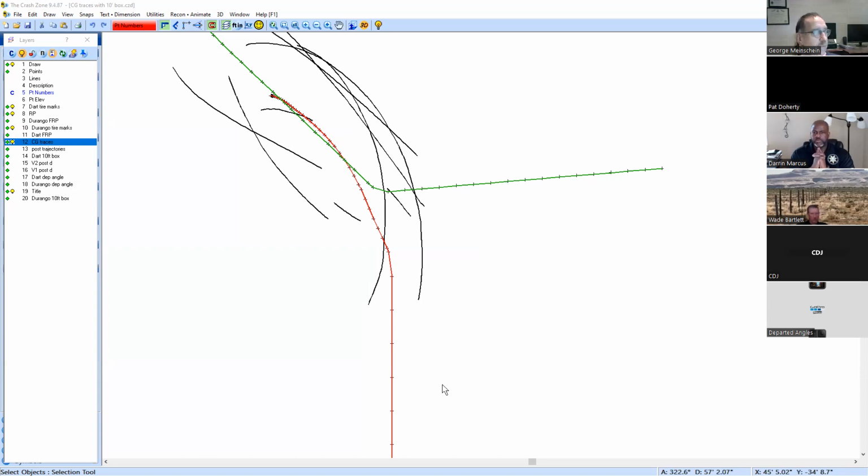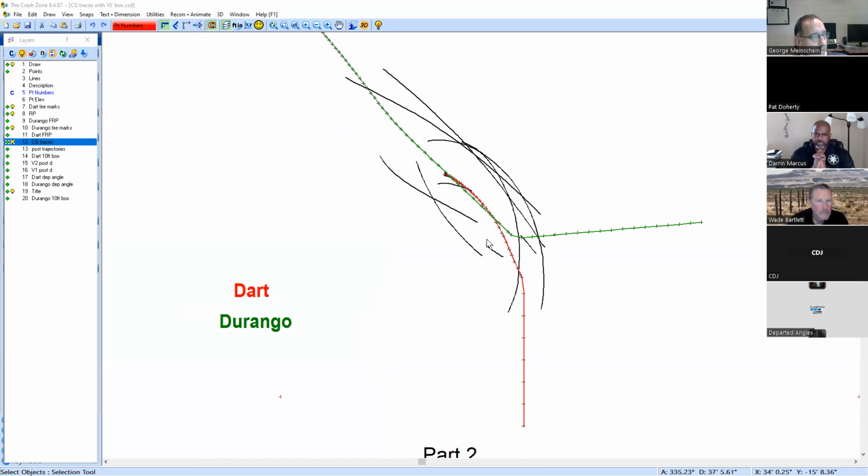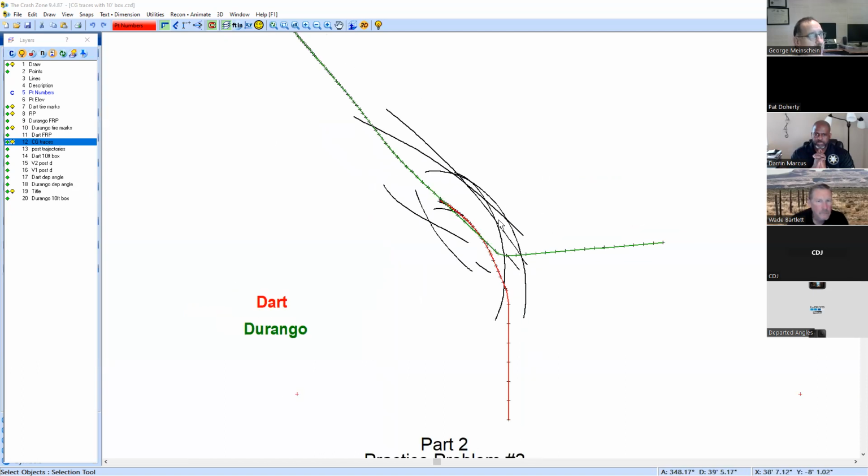So when I started to look at that, I'm like, whoa, here's the approach path, and within 3 or 4 tick marks, the whole thing is over, and we've got our departure path defined at that point.